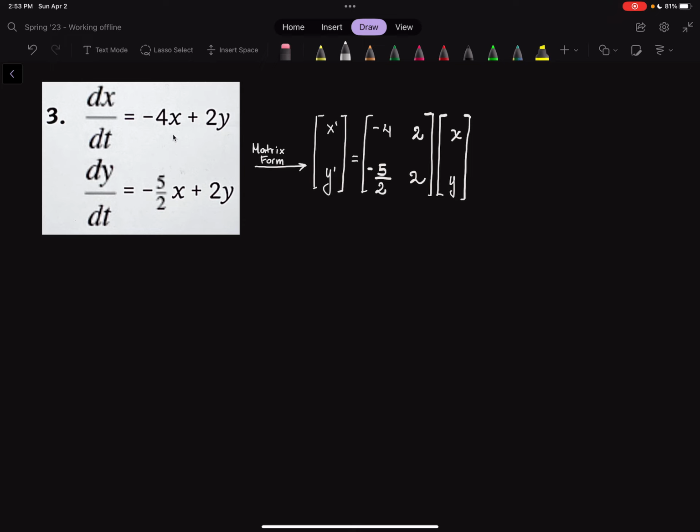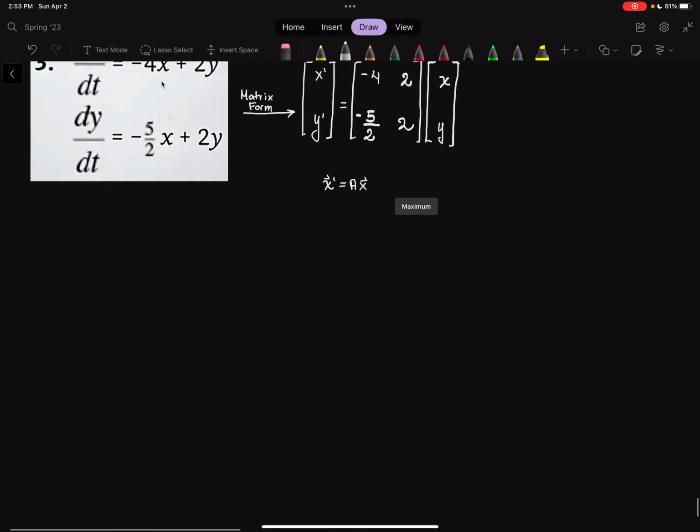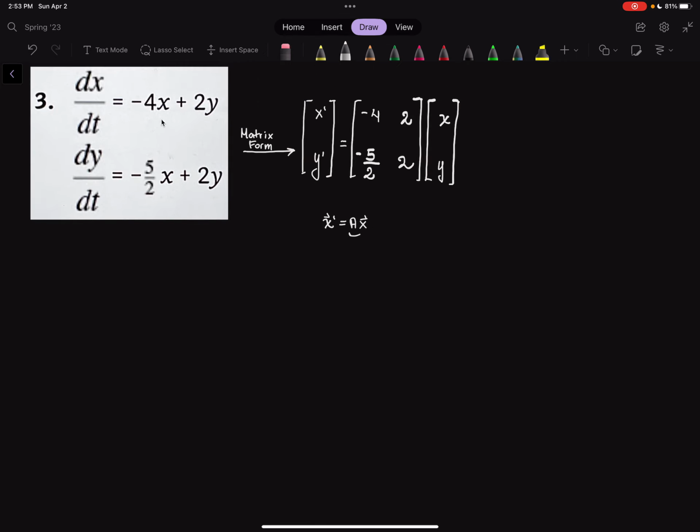So now that we do this, how can we solve this? Well, I'm going to do a little bit of a review. Let's just say that we have this form right here, which we actually do. We can guess, because this is a first order with constants here, that a solution is, let's say, k e to the lambda t.